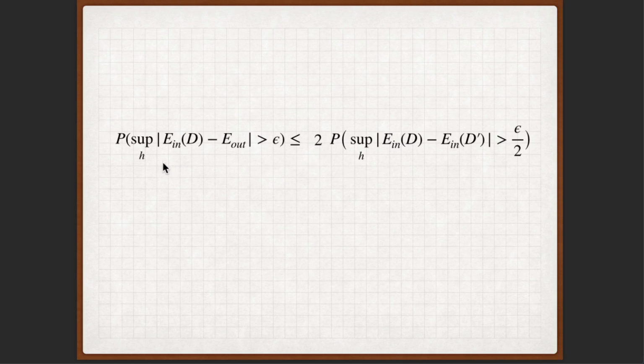The probability that the largest hypothesis within whatever family makes the difference between E_in and E_out greater than epsilon must be bounded by the probability that there exists some h in the same family such that the error evaluated on two independently drawn datasets differs by more than half of the threshold we mentioned above. There is some detailed derivation we will discuss in an actual video.